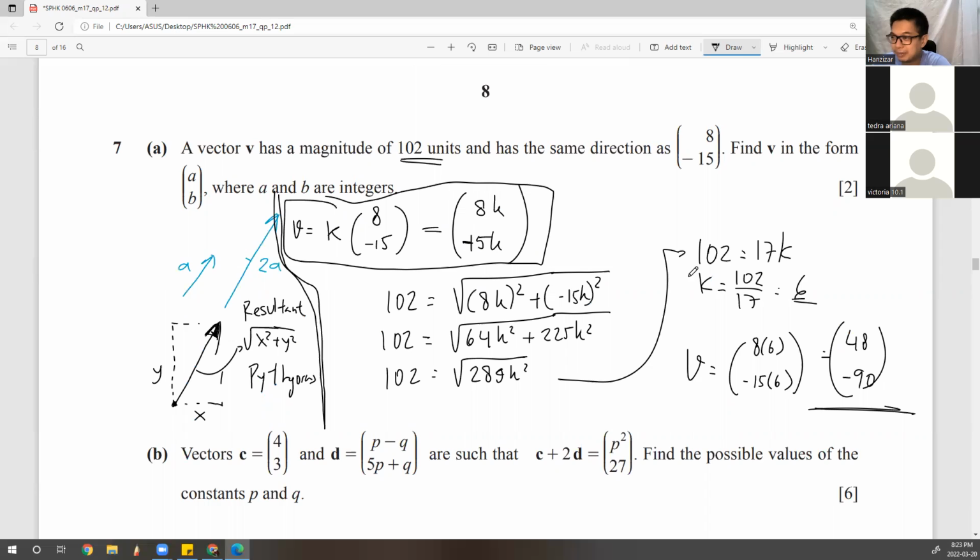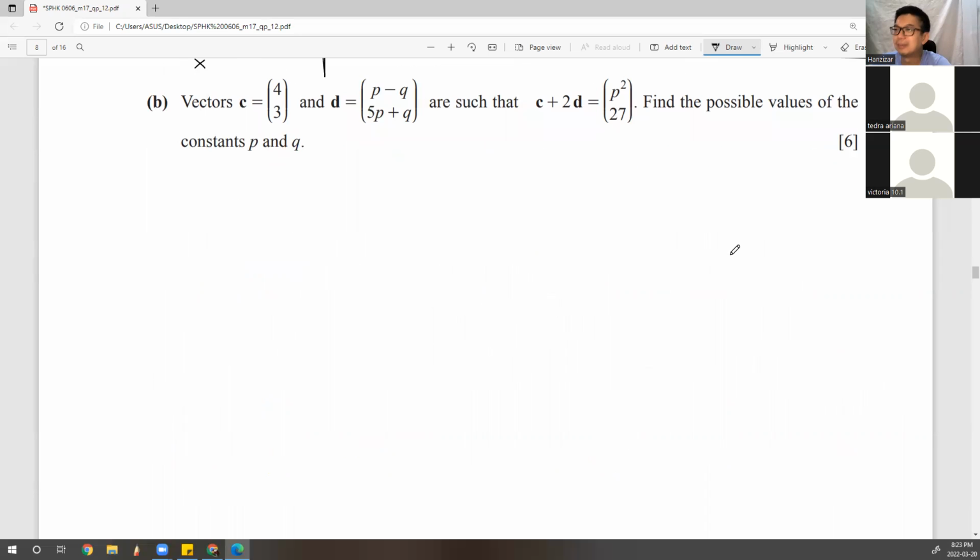Now number 7b. Vector c plus 2d. What we can do is add x with x and y with y, right? So what is c plus 2d? C plus 2d is just substituting: (4, 3) plus 2 times (p minus q, 5p plus q).